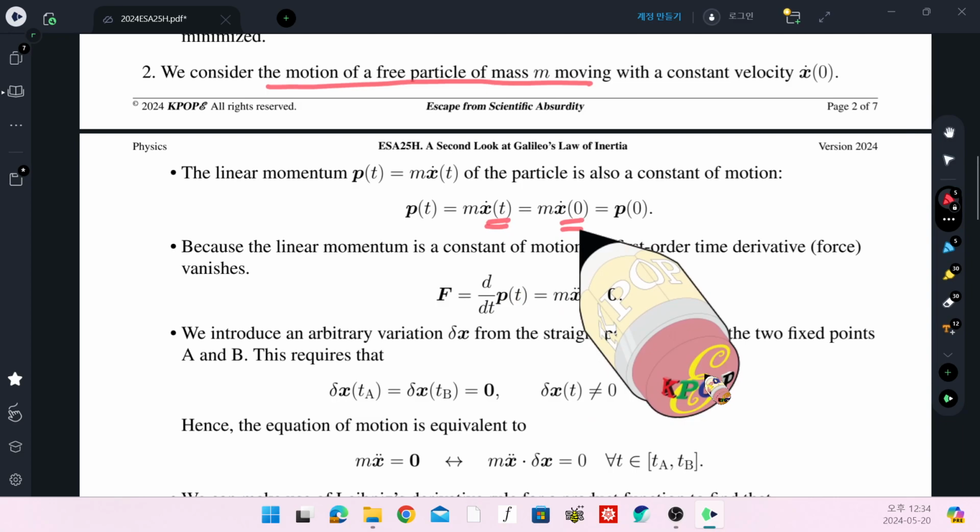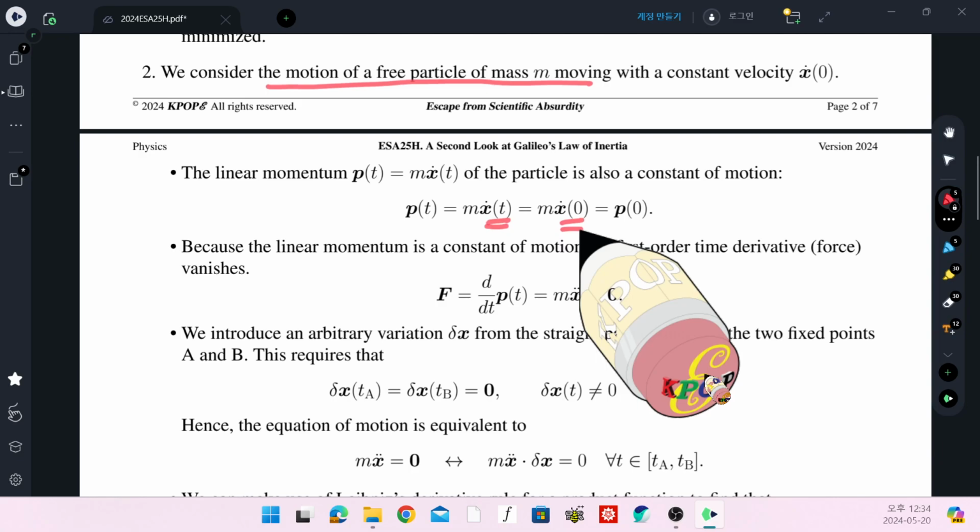In classical mechanics, the mass of the particle is also uniform. It is invariant. It does not change at all depending on any condition, as long as the system is closed.